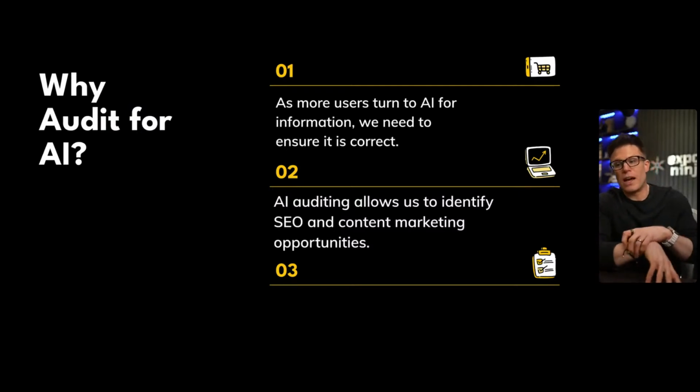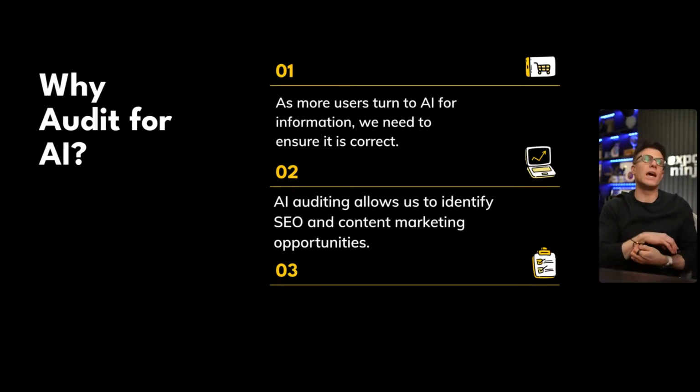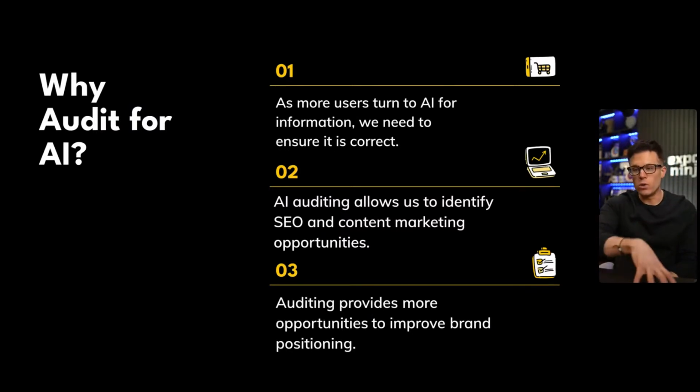AI auditing also allows us to identify SEO and content marketing opportunities. So how can we get more coverage for our products, our businesses, our brands about the sorts of topics that we want to be known for? And it also gives us opportunities to improve our brand positioning. So where do we sit against competitors?